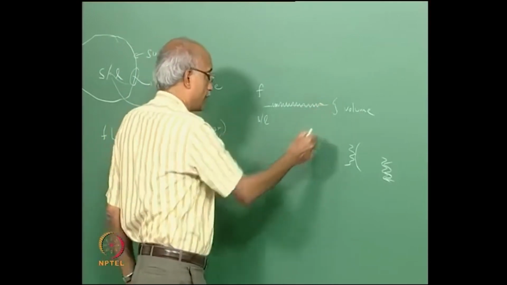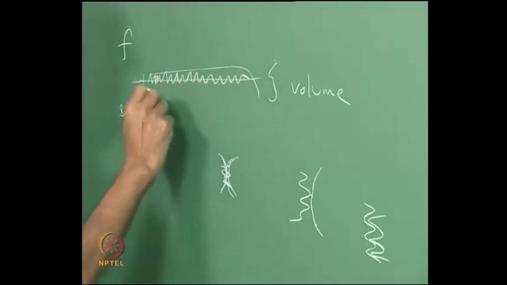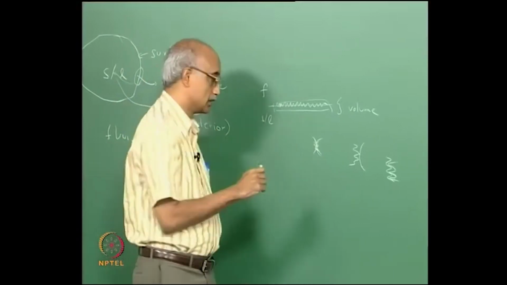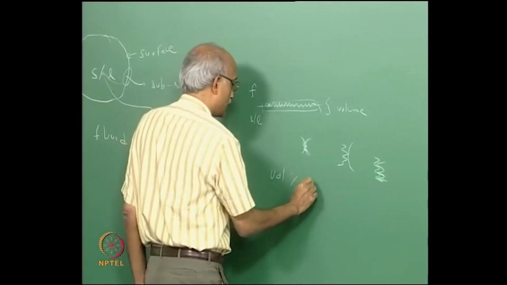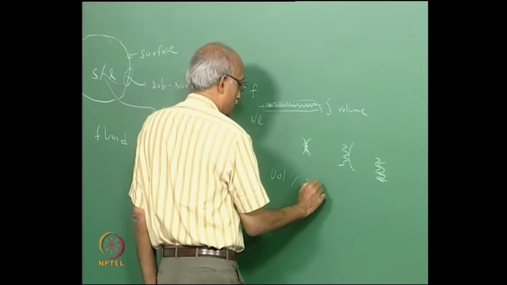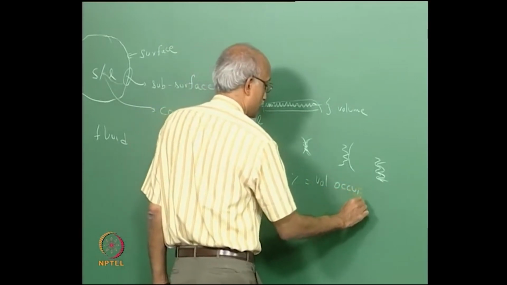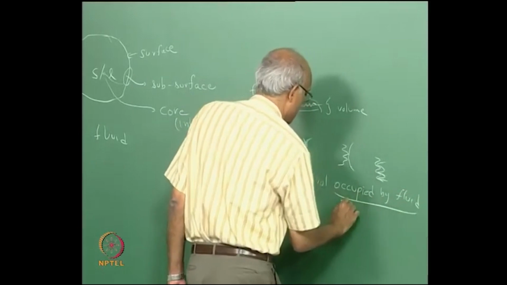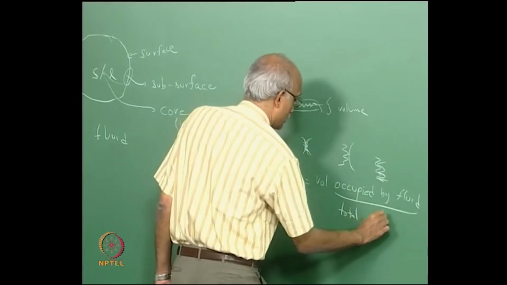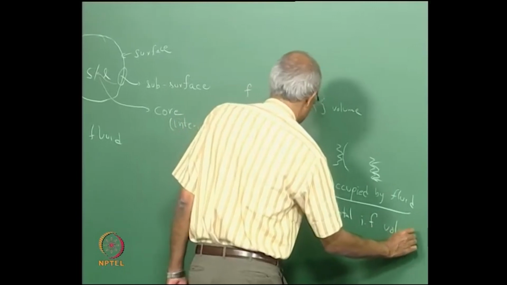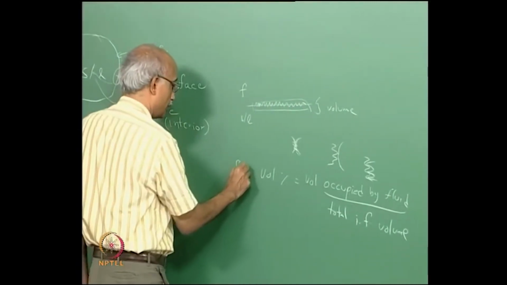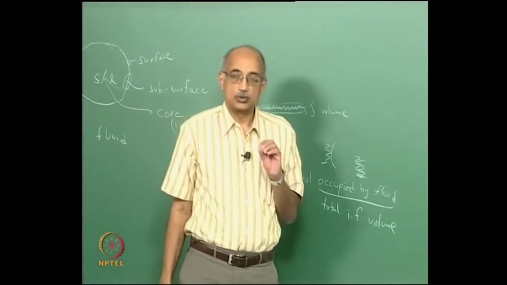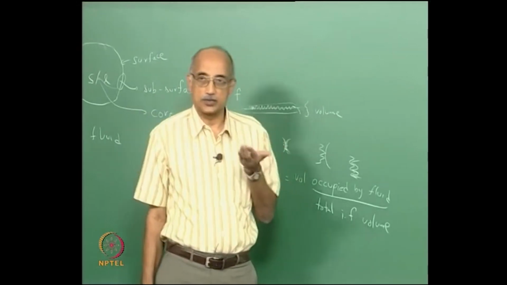Because it is a volumetric interface, if I just take a slice of this surface and estimate the volume percentage of the fluid on the surface, which would be essentially the volume that is occupied by fluid to the total interfacial volume, this is your fluid volume percentage. This parameter actually has a huge influence on the properties of the surface itself.